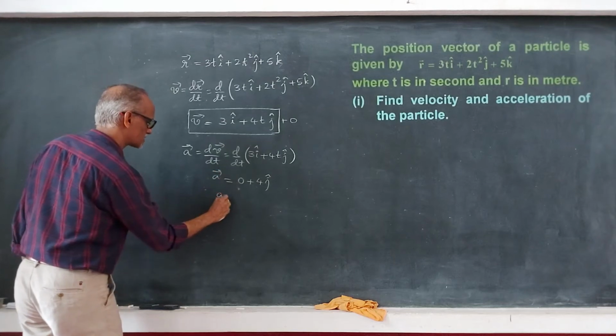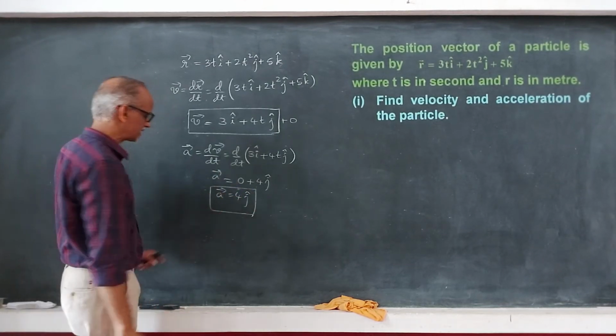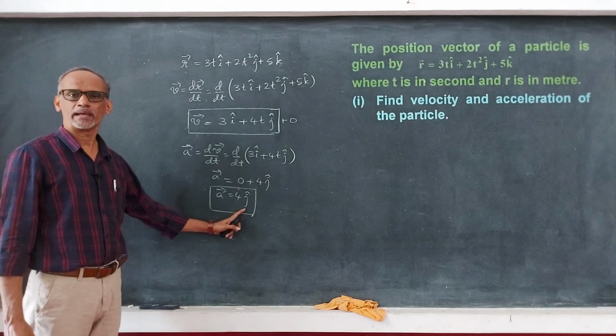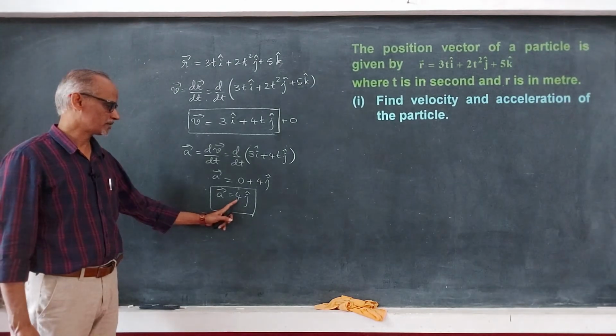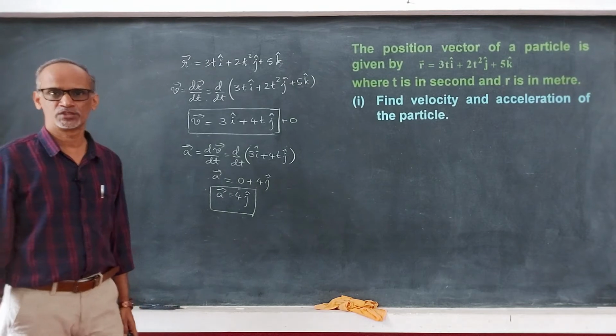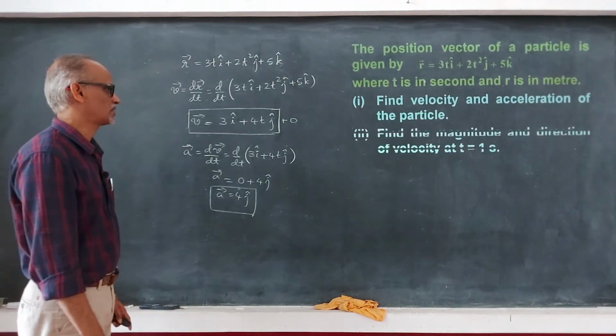So, we have found the acceleration, which is 4 j cap. Very clearly we can understand that the acceleration is along the y-axis. See, the magnitude is 4, but the direction is given by the unit vector j, which is always taken along the y-axis.